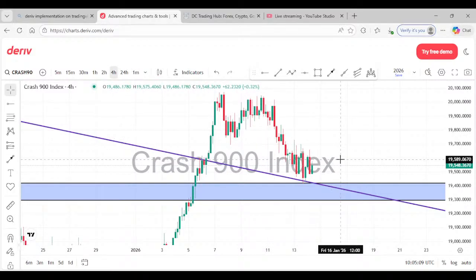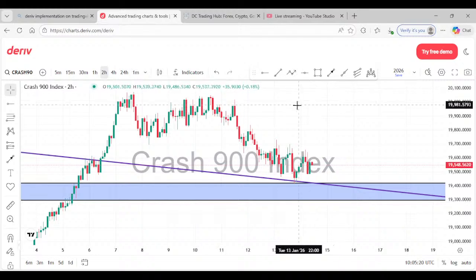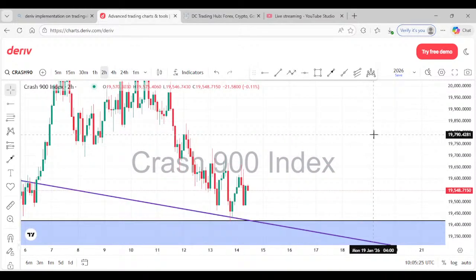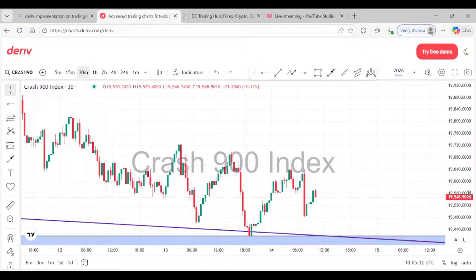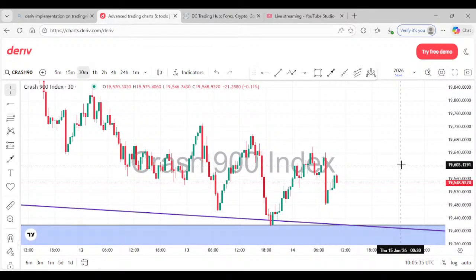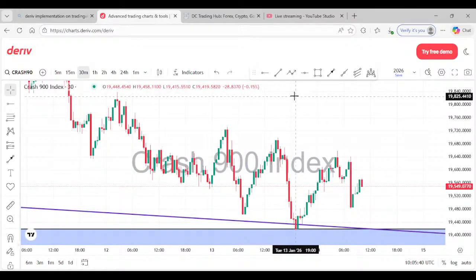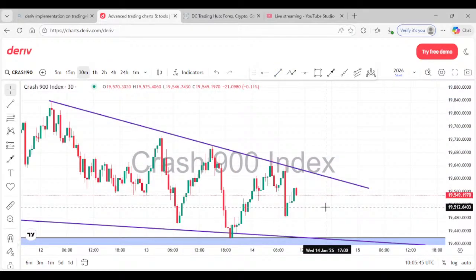So for us to get confirmation, we need to wait. Let's go to the 2-hour. Okay, you see, price is consolidating on this particular level.